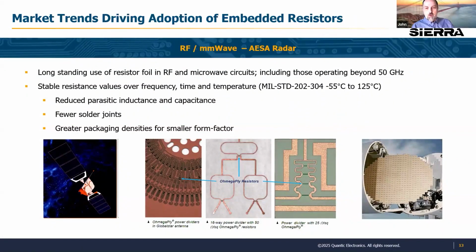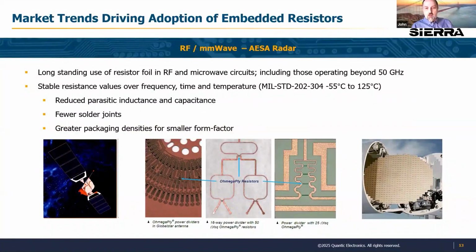The Wilkinson power dividers typically have discrete resistors on these gaps. As you can see, where the gray line is, that's our resistor material. Normally that would be a discrete resistor that would have to bridge that gap, and so you have to solder it, and then if you want to bury this thing, you have to create cavities for those resistors.